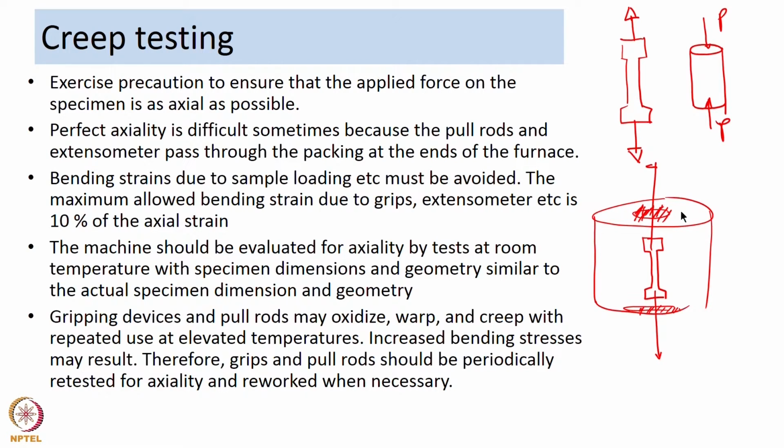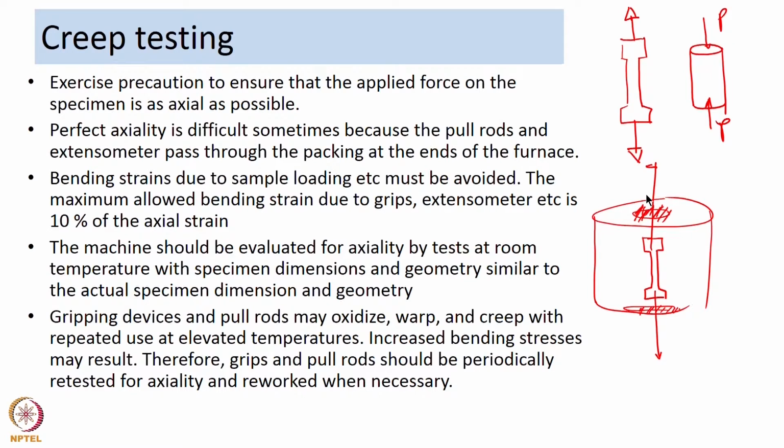So, when you include some packing material around the furnace or at the entrance or the exit of the pull rod, this packing material could also lead to some kind of disturbance or misalignment, and so this can create issues with axiality.